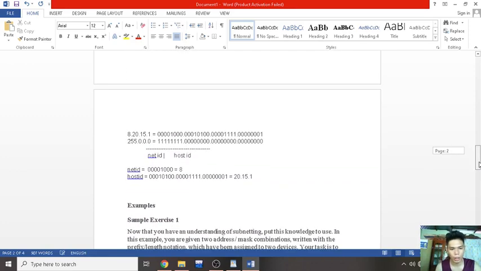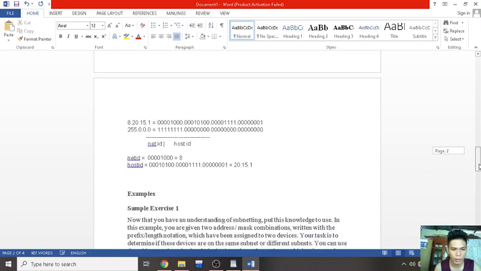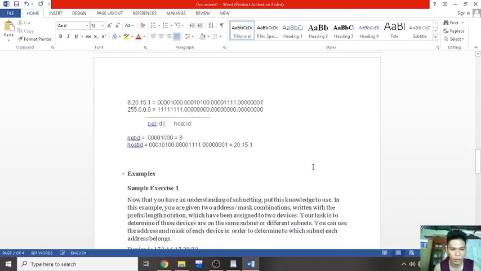Now we will identify the net ID and the host ID. The net ID will be this one, 8, where the mask has a value of 1.